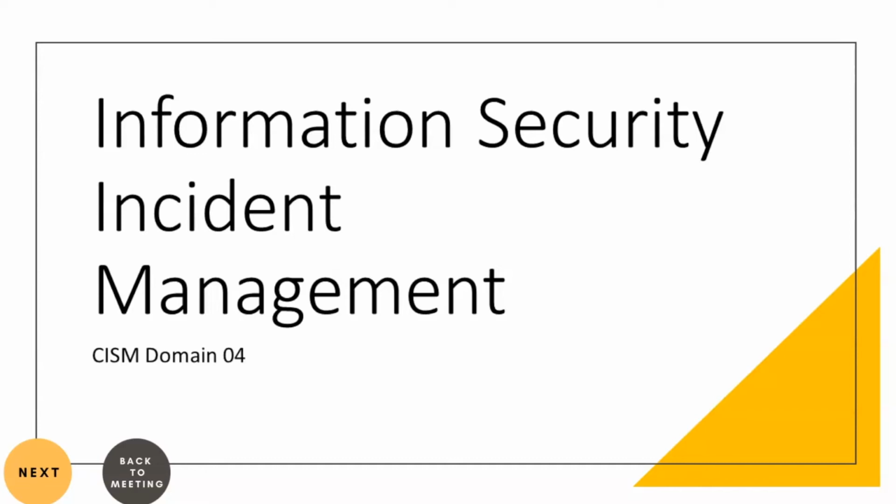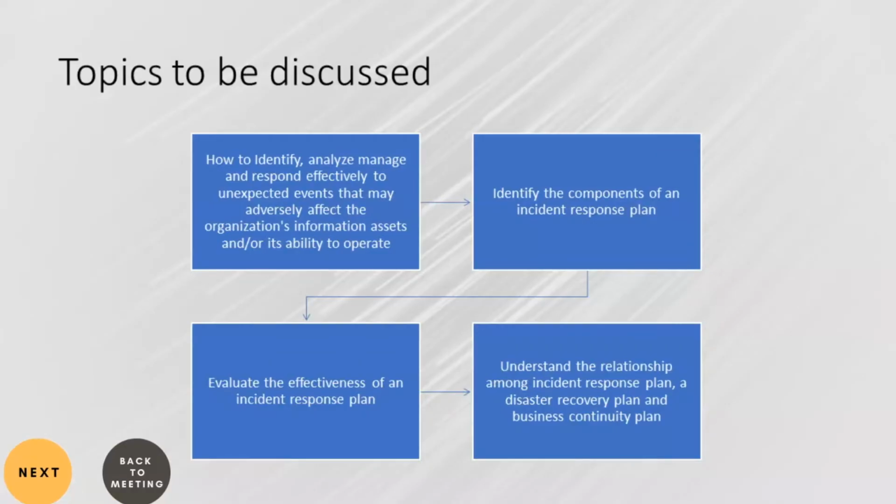Okay, Matthew. Definitely, I will try to cover the said topic, and this is what I'm planning to cover in our discussion. I will cover the process to identify, analyze, manage, and respond effectively to unexpected events, or we can say events which have an impact on the CIA, confidentiality, integrity, and availability, of the information systems.